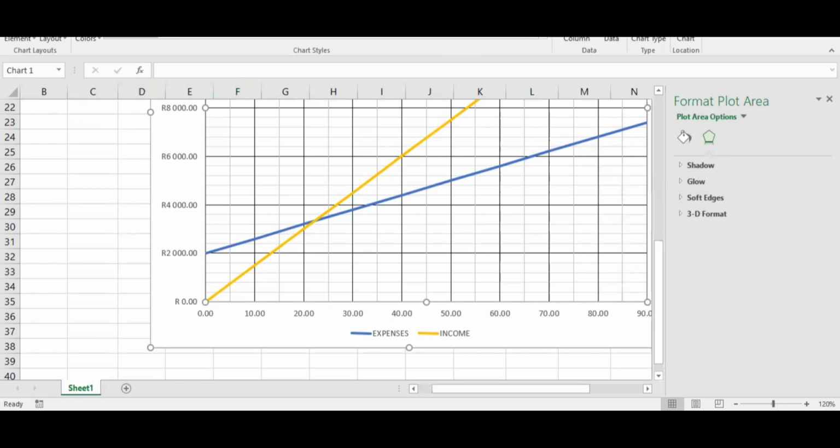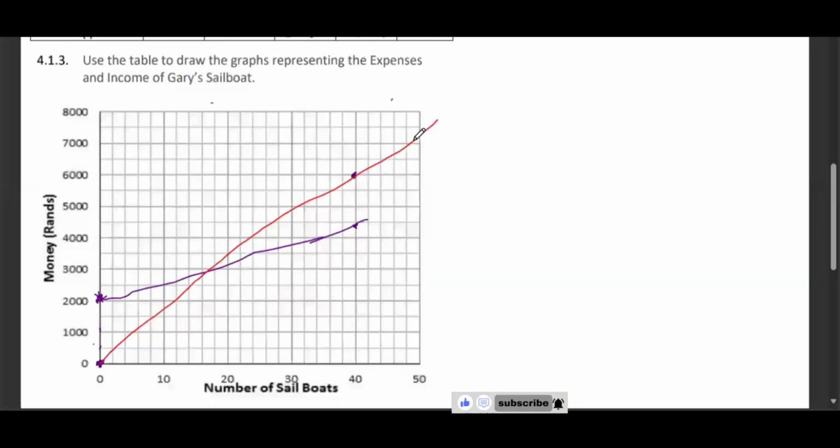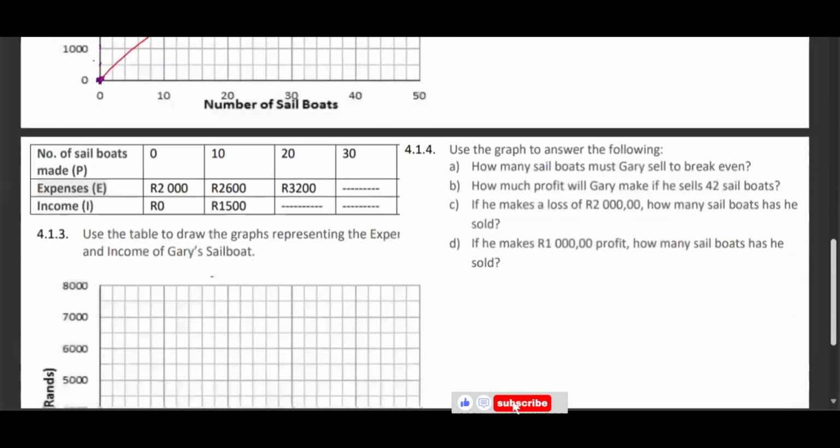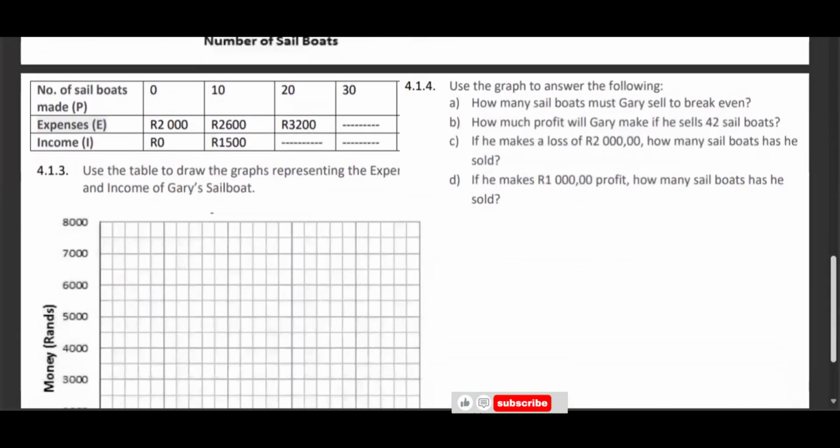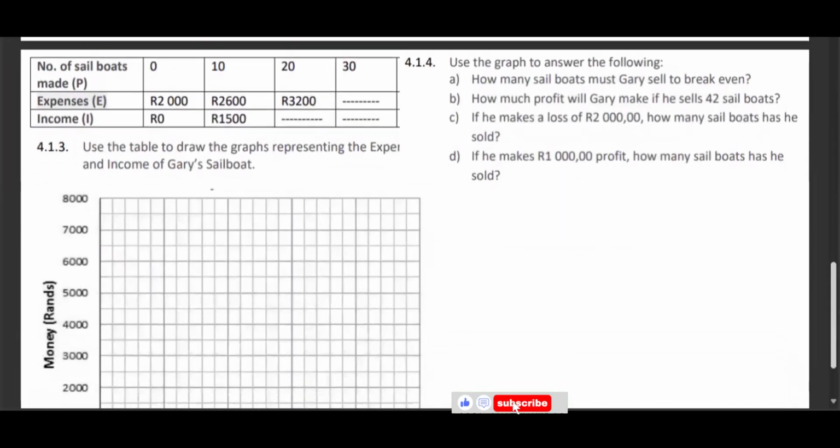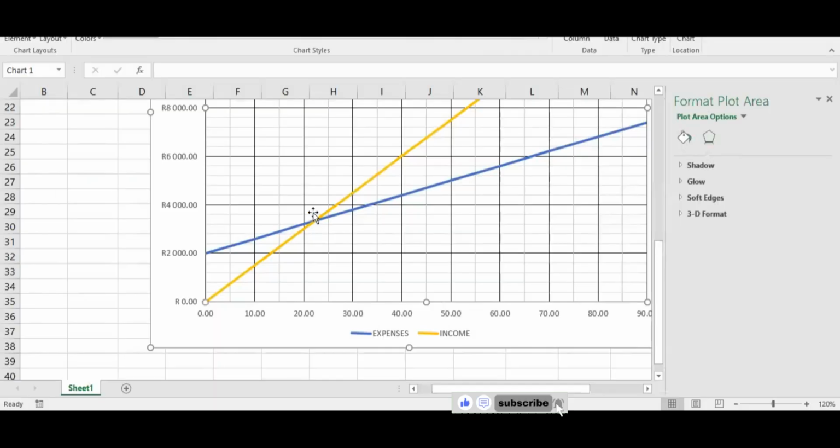Let's go back to the question and you see. Question number 1. Use the graph to answer the following question. How many sailboats will be at the break-even point? When you look at it critically, at break-even point, they have exceeded 20 and they are below 25.